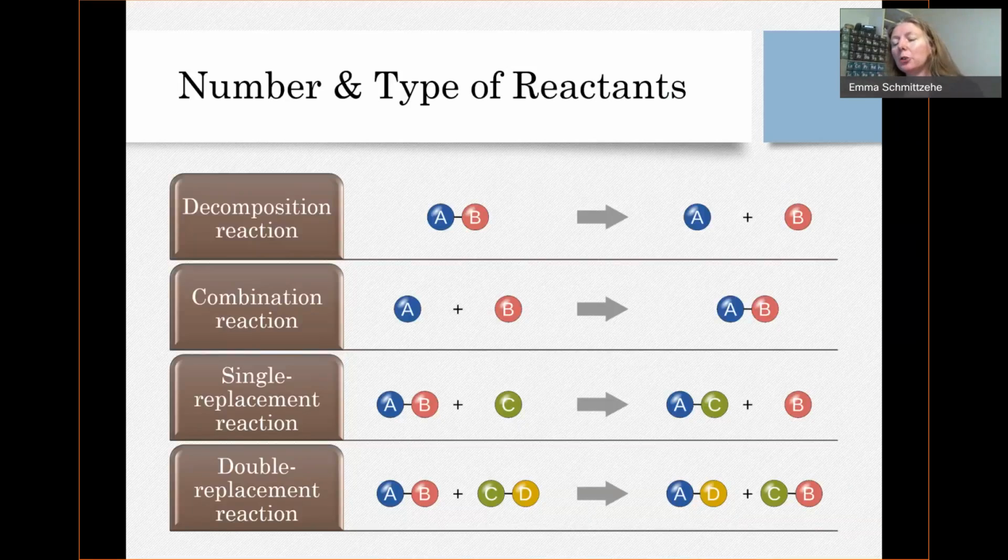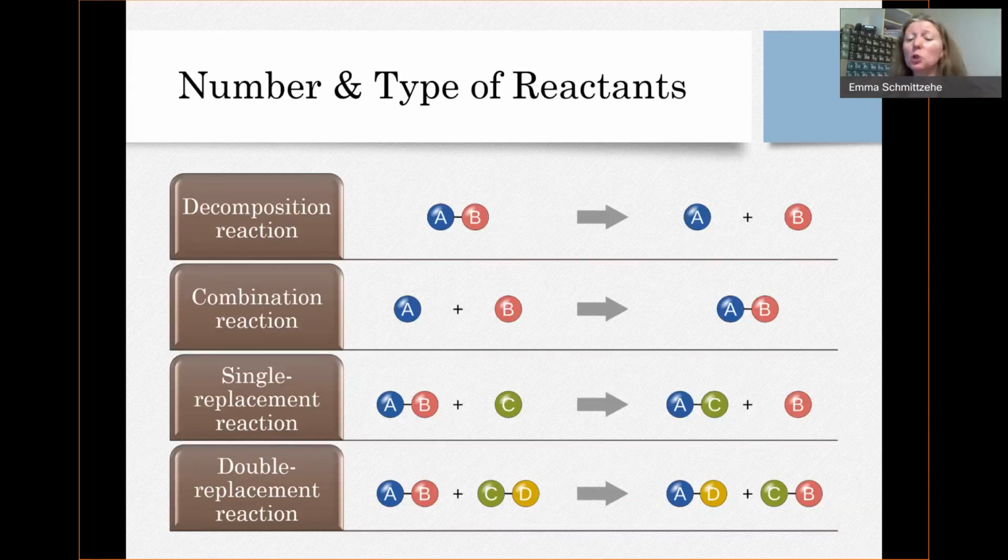So if you're given reactants and asked to predict products, sometimes you can get an indication just based on, well, I only have one substance. If I have one substance, I know I need to break it down. If I'm just putting together two elements, those two elements have to bond together. If I have a compound and an element, then that element's going to swap out for one thing in the compound.